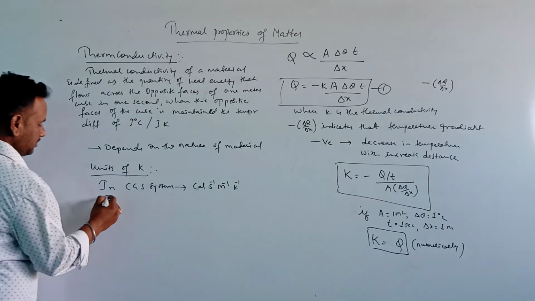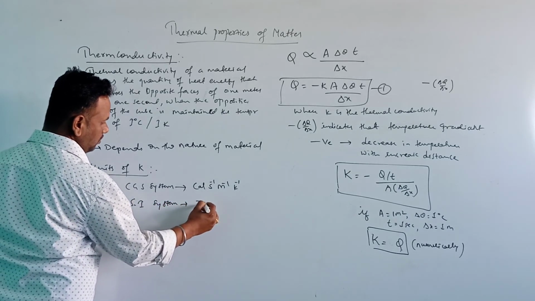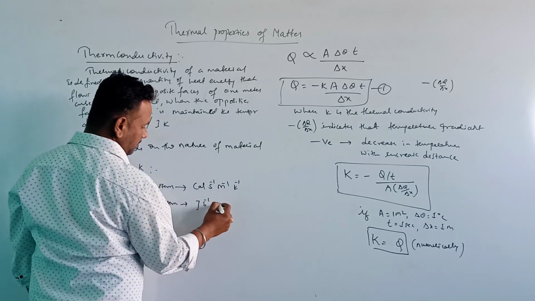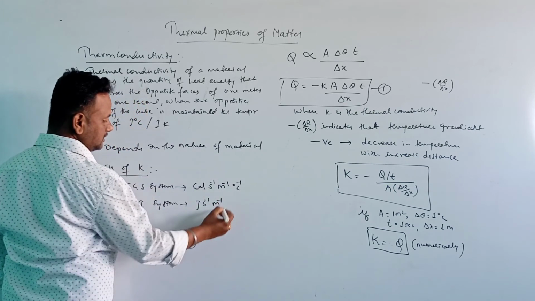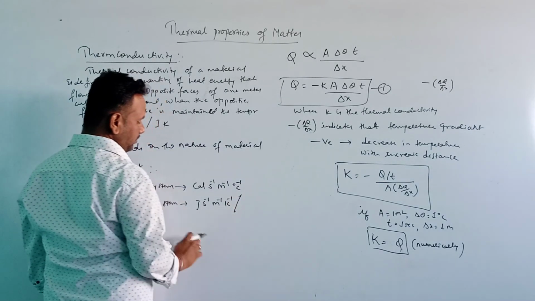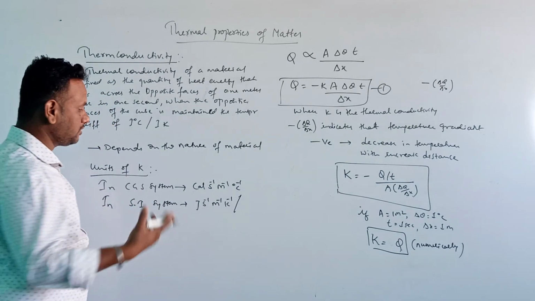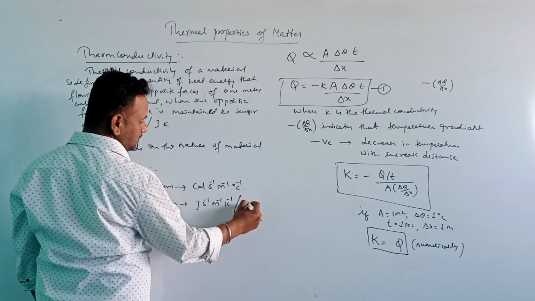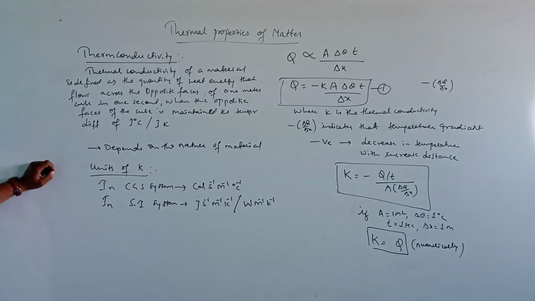Similarly, in the SI system, it is joule per second per meter per degree Celsius, or per Kelvin. Or we can also write this as, since joule per second is power, watt per meter per Kelvin. So these are the units of thermal conductivity in the CGS and SI systems.